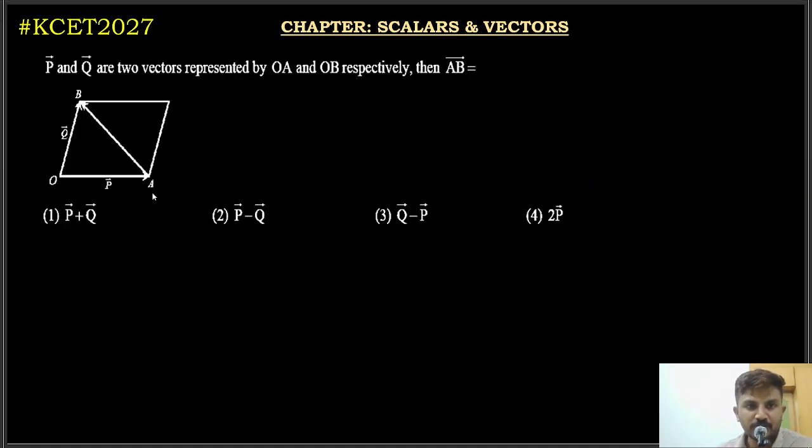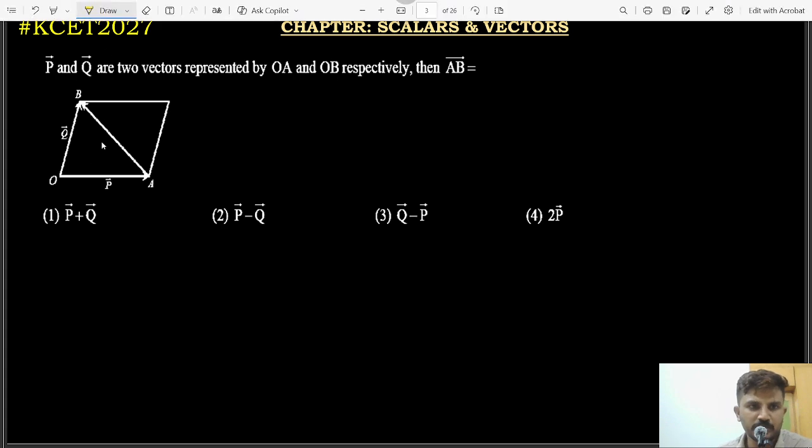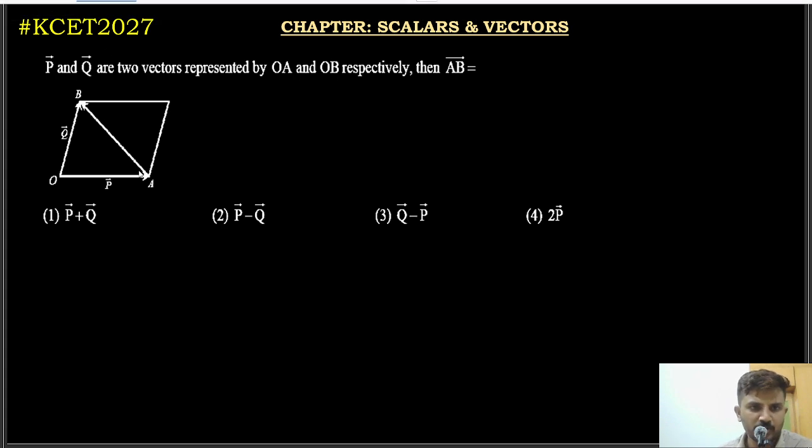So here we have the next question, that is P and Q are two vectors represented by OA and OB respectively. Then AB is equal to? So here we have OA, that is vector P, OB, that is vector Q. So what is AB? AB is the diagonal in this case.